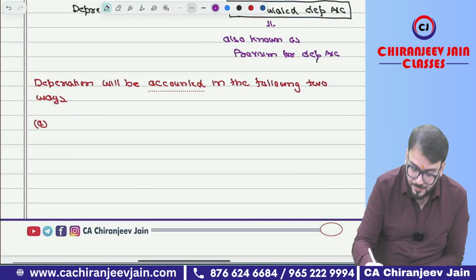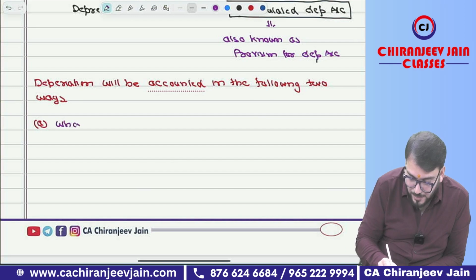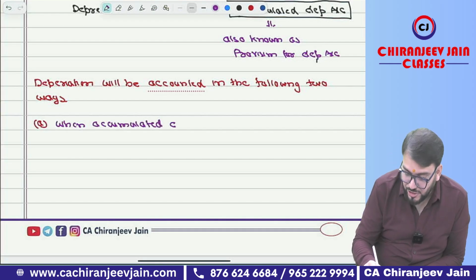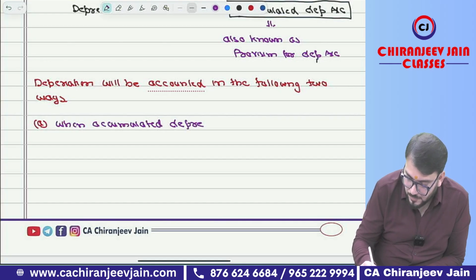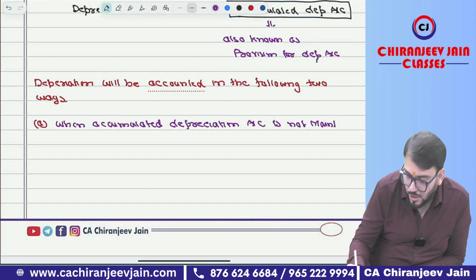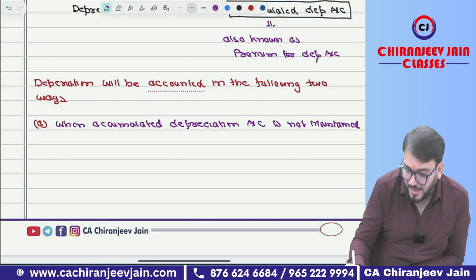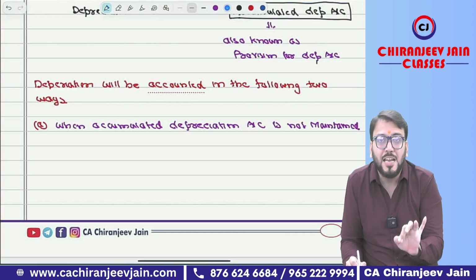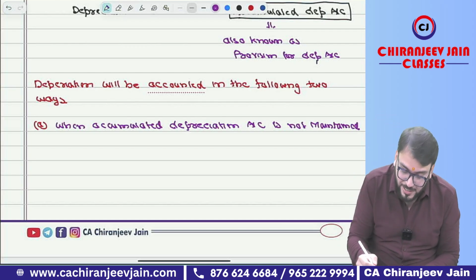Point number A, when accumulated depreciation account is not maintained, means we will not maintain an accumulated depreciation account, means you will not find accumulated depreciation account in your trial balance and balance sheet. So in that case, what journal entry will we do?